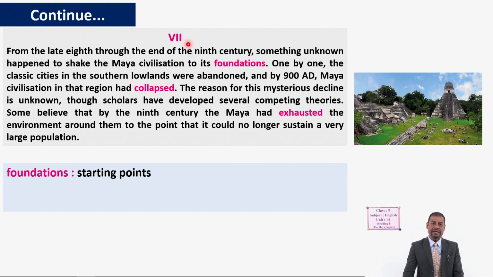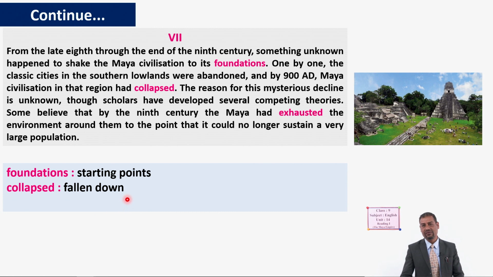Okay. Next we have is collapsed. Collapsed. So what does it mean? You might have frequently heard this word. Oh, you are right. The meaning of collapsed is fallen down, or you can understand as damaged, destroyed. Okay.